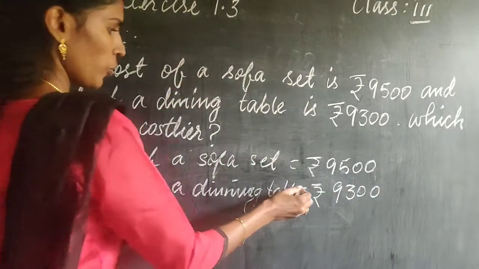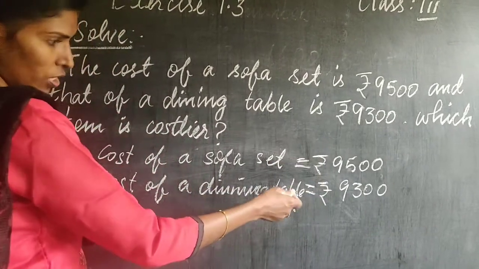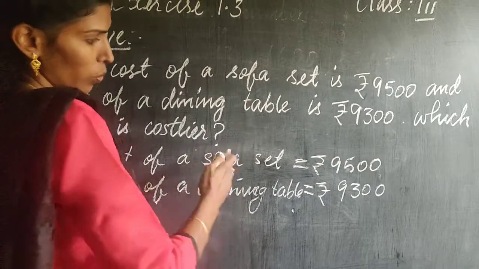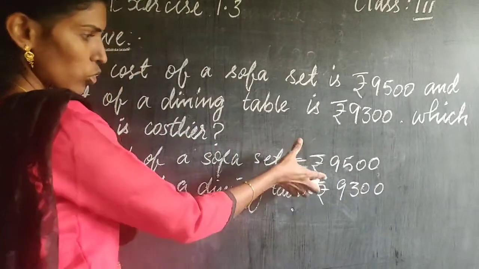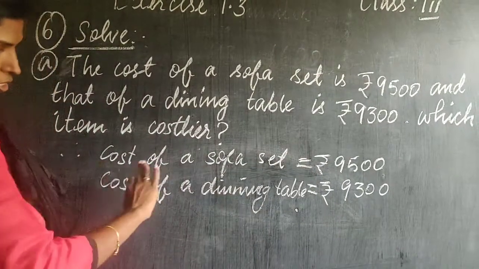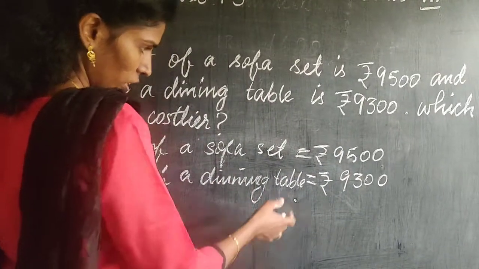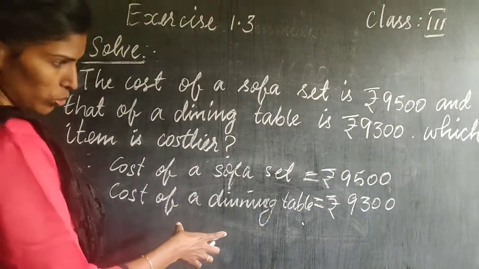When you write, you must see that the equal sign comes in the same position. Not one statement here and one statement there. You must see that it is coming nearly in the same place. That way you write it. Then you arrange the digits also in order. That will be the better way and it will look good also.